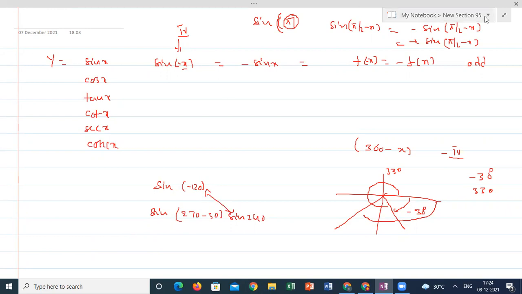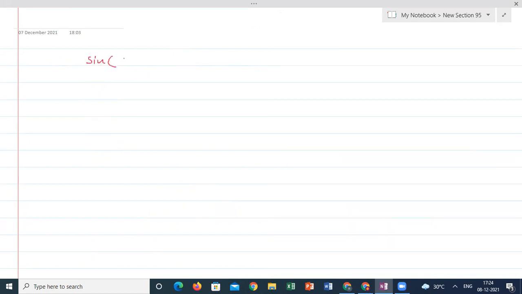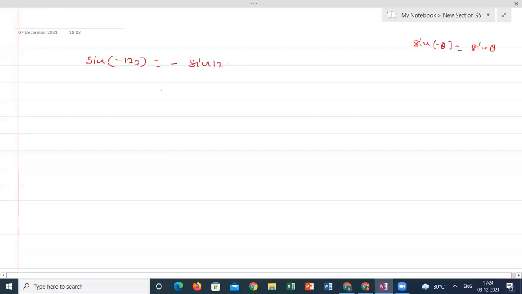I will show you. See here. What is the sine of minus 120 value? From sine of minus theta, we know it is minus sine theta. So this can be written as first minus sine 120, which is equal to minus sine of 180 minus 60, which is equal to minus sine 60, since 180 will give the same ratio.